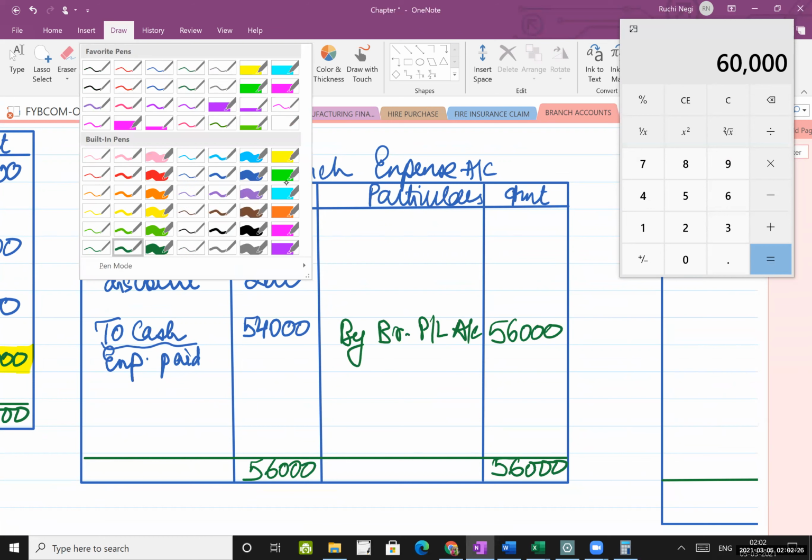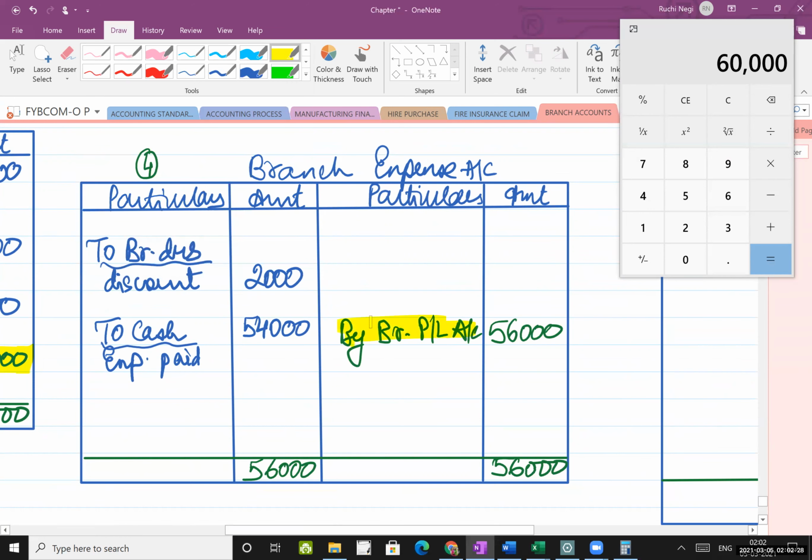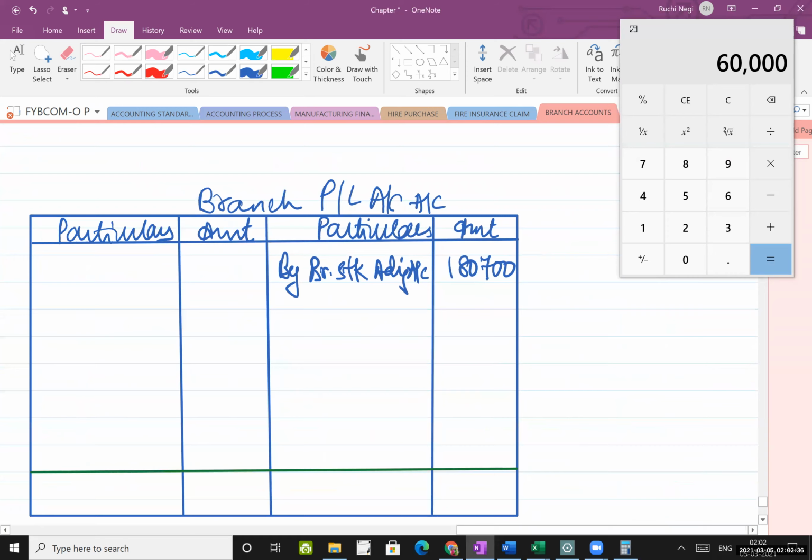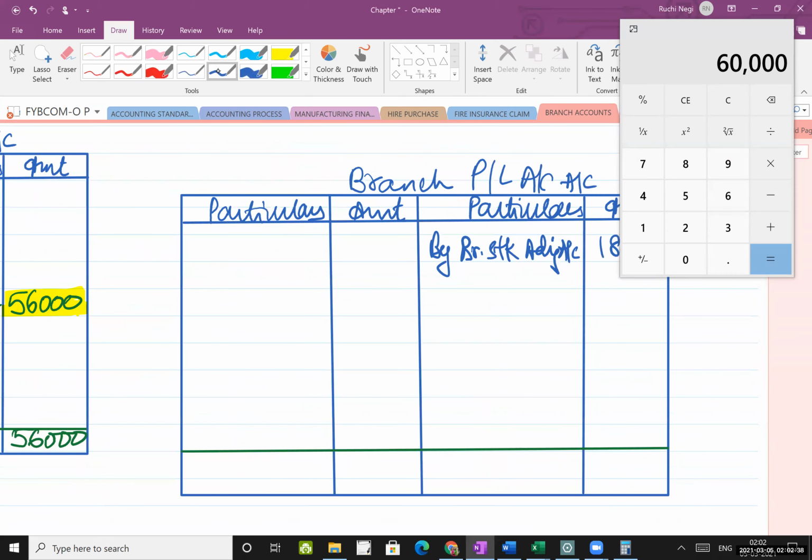The second effect, branch P&L to branch expense, 56,000. And there is also a balance in GST, that is also there.